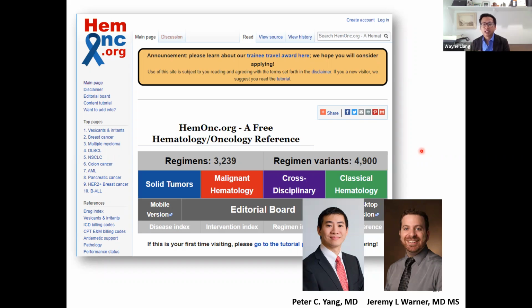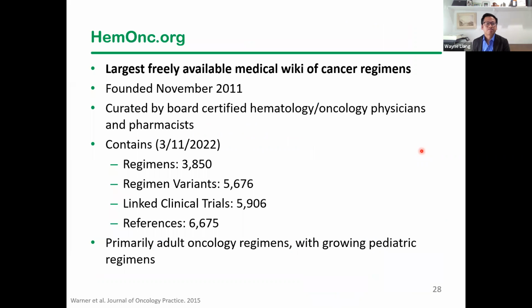And it since then has grown from 2 people to now many oncologists involved in this effort. It is now the largest freely available medical wiki of cancer regimens available. As I mentioned, founded in 2011 and curated by an editorial board of board-certified hematology oncology physicians and pharmacists.